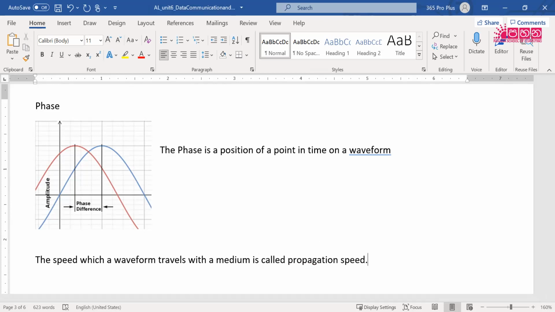Usually this is equal to the multiplication of the frequency and the wavelength.